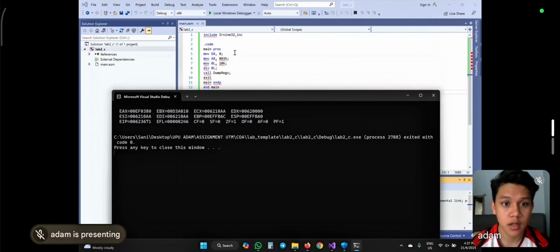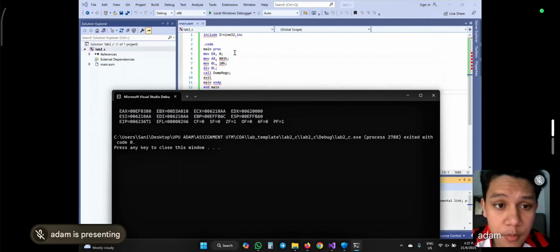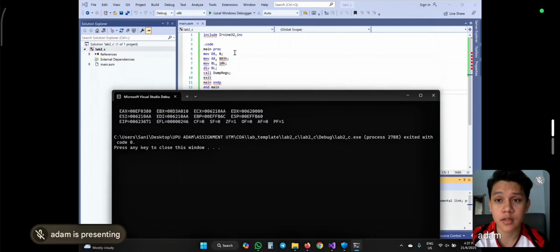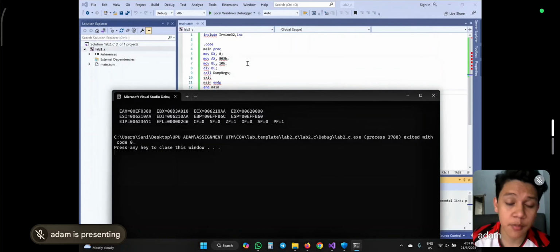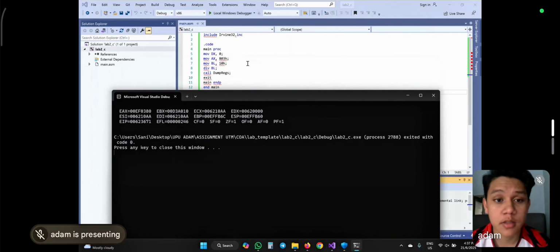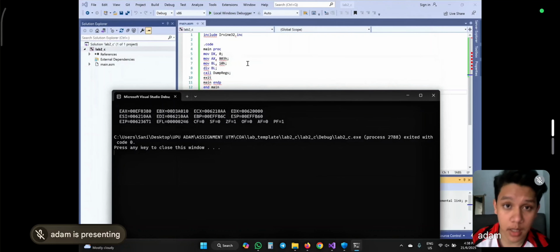I moved 0 into DX because I want to clear the DX register. Then I move A03H, which is 2051 decimal, into the register AX, and I move 10H, which is 16 decimal, into register BL. After that I divide by BL.